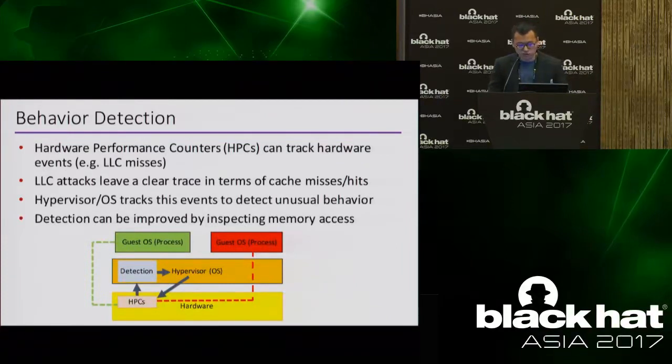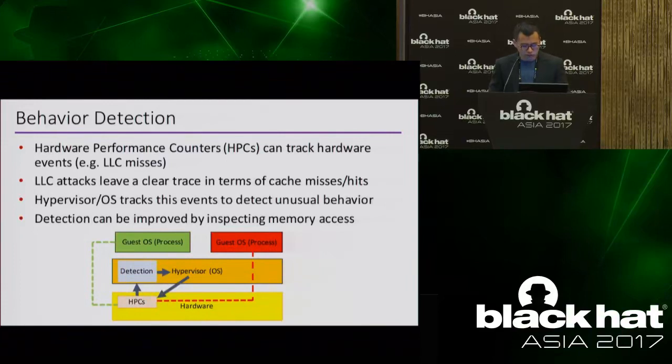So one simple way of applying this performance counter-based detection approach is that, in the case of the hypervisor, the hypervisor can first program the performance counters with a certain threshold that depends on the environment of the system.